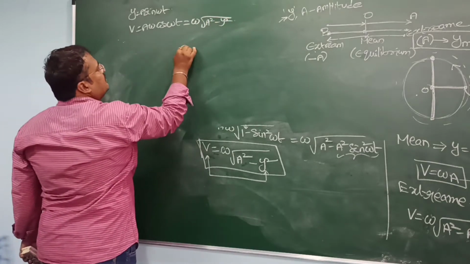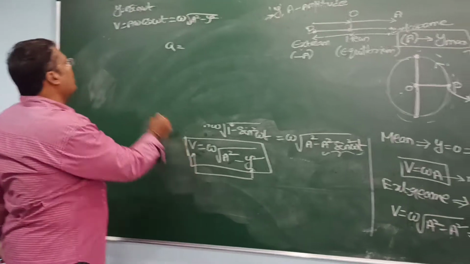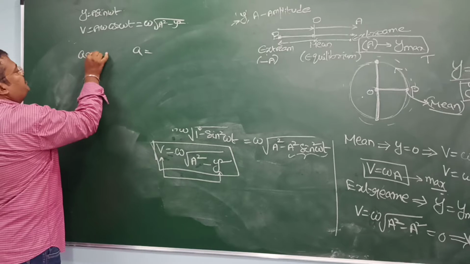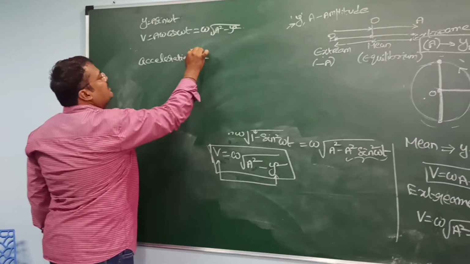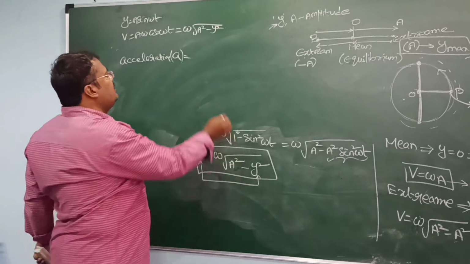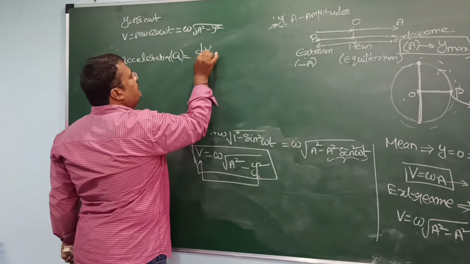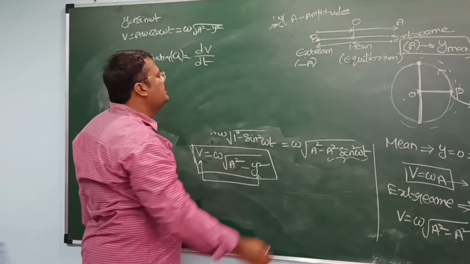The next parameter I am trying to find is the acceleration of a particle in simple harmonic motion. Acceleration a is, we know, the rate of change of velocity of a particle, that is dv divided by dt.